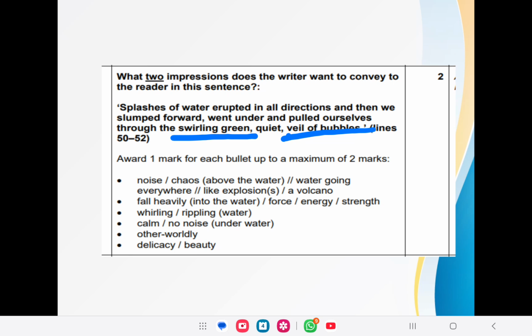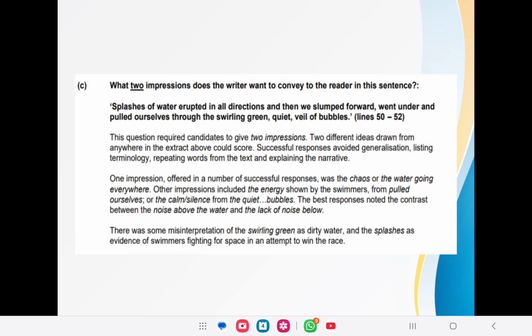You just need to understand them and then come up with the two most appropriate impressions that you think are present there, and not just present there, they are the most effective ones also. So you are going to choose two such impressions that in your opinion are the most effective ones. Okay, next line now.